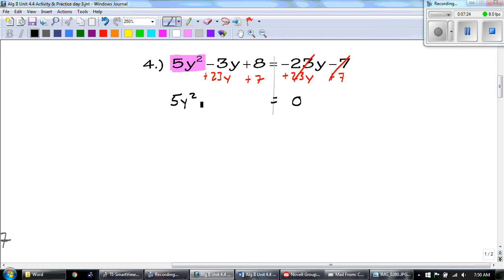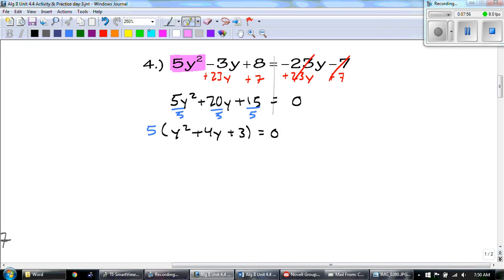A negative 3 plus 23 is a positive 20y, and then 8 plus 7 is 15. Okay, so there's a GCF. We take out the GCF first. Here's my 5, and then I'm left with y squared plus 4y plus 3 equal to 0.